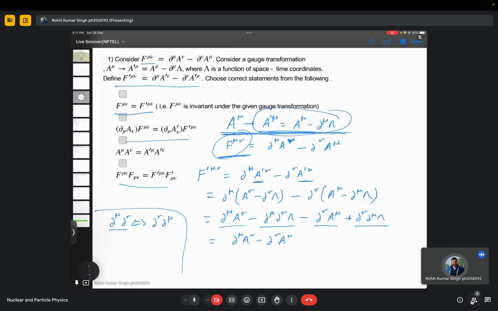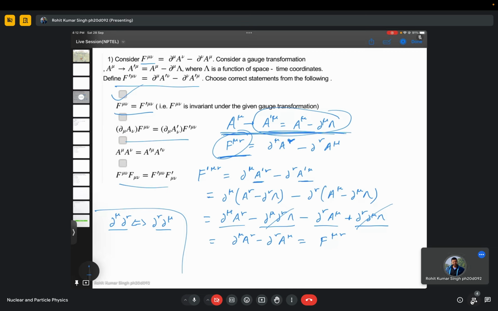The order doesn't matter, right? So that's why these two get cancelled, and you're left with just F mu nu. So we found out that option 1 is correct. The field strength tensor is invariant under the given gauge transformation.